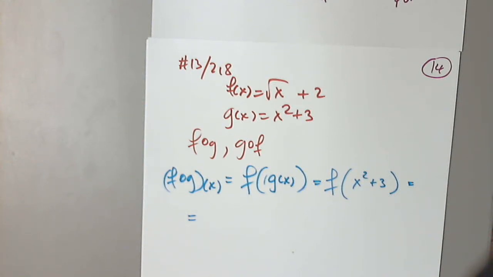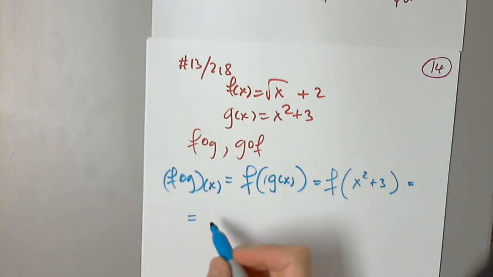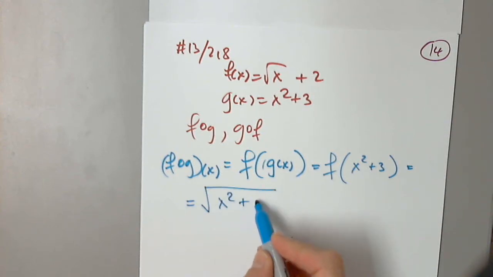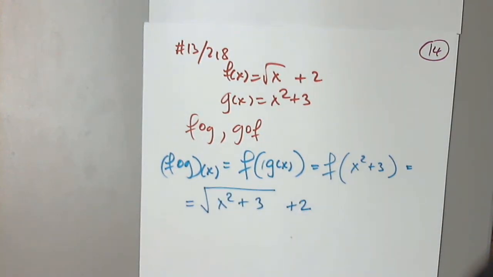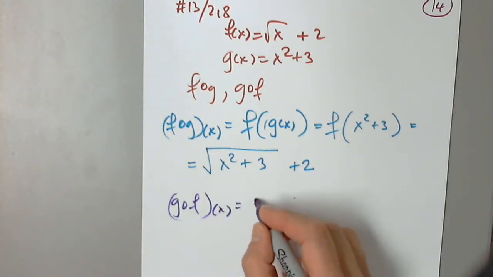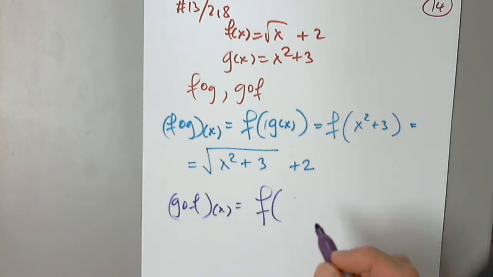Now, in this case, blah is x squared plus 3. Awesome. So please tell me what to write. And outside plus 2. Great job. Thank you. Now, the other one, g comp f, please write the definition.